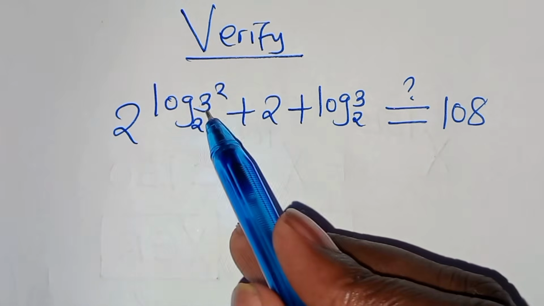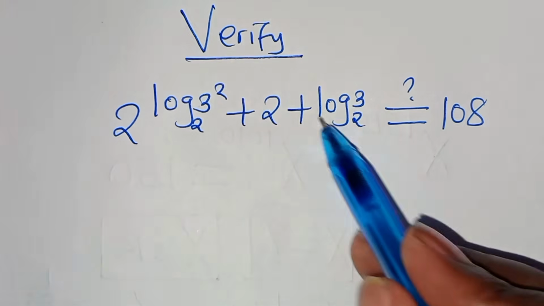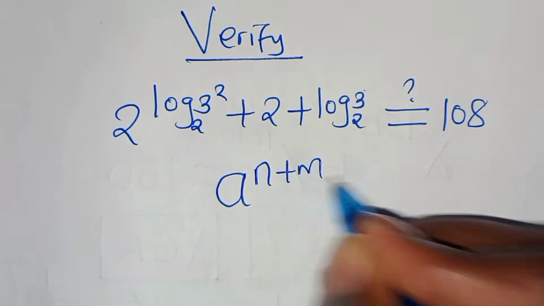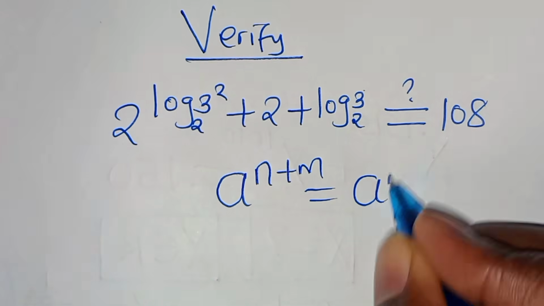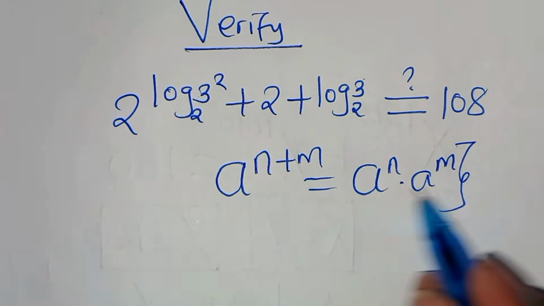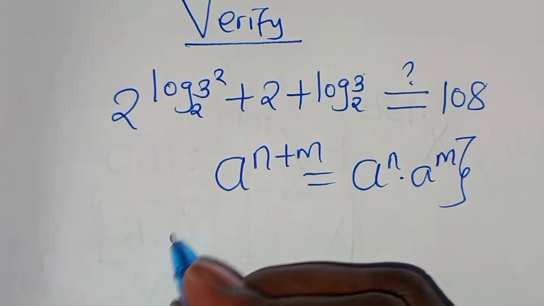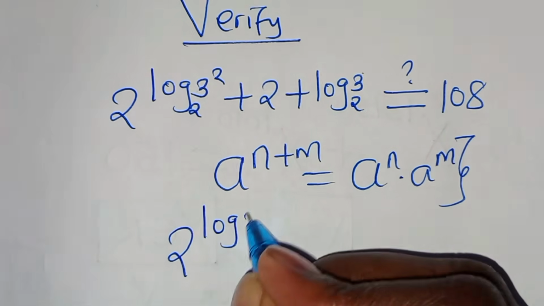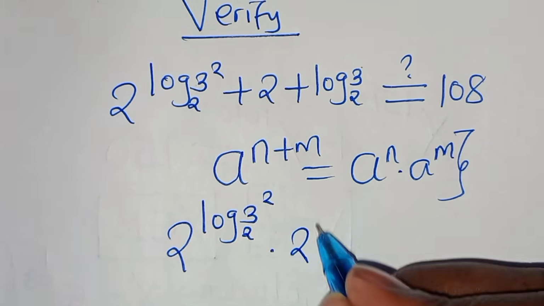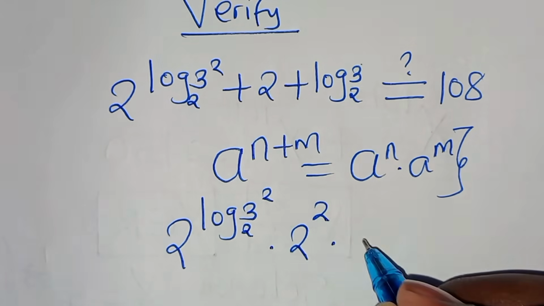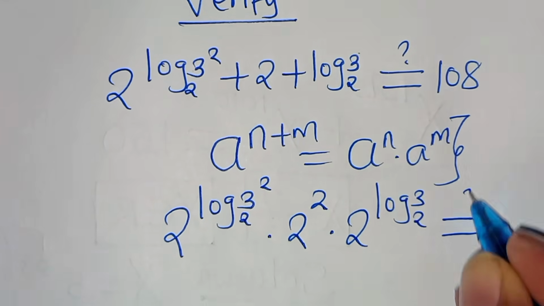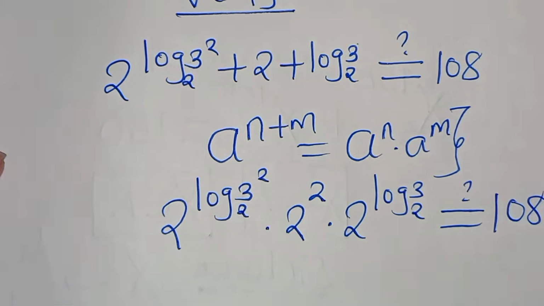Applying this exponent property, we have 2 to the power of log 3 squared to base 2 times 2 to the power of 2, then multiplying by 2 to the power of log 3 to base 2. This should give us a value of 108.